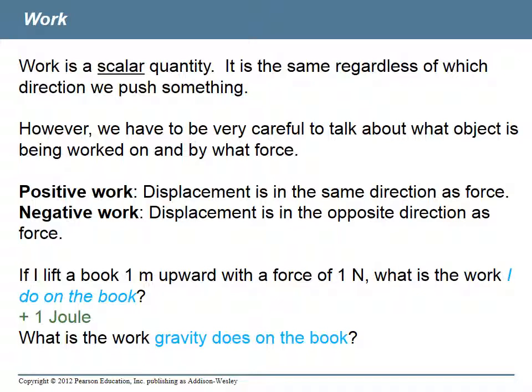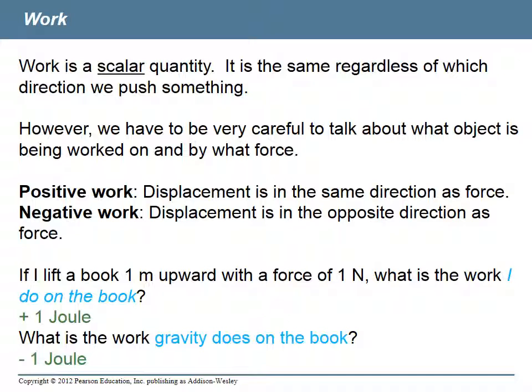What's the work that gravity does on the book? Well, if gravity acts down at 1 Newton and it moves upwards 1 meter, then the work done by gravity on the book is equal to negative 1 joule.